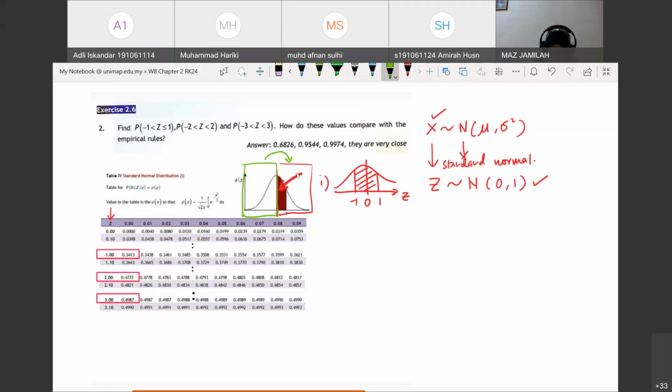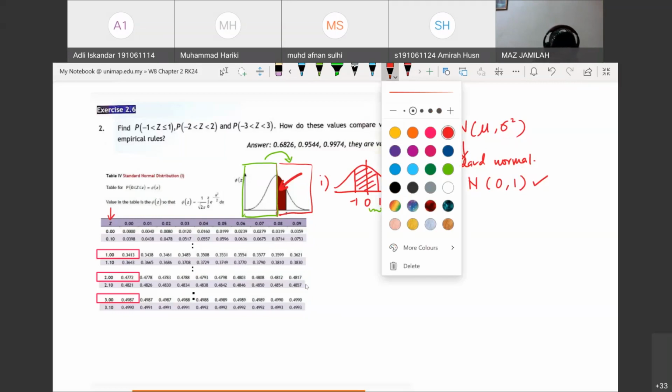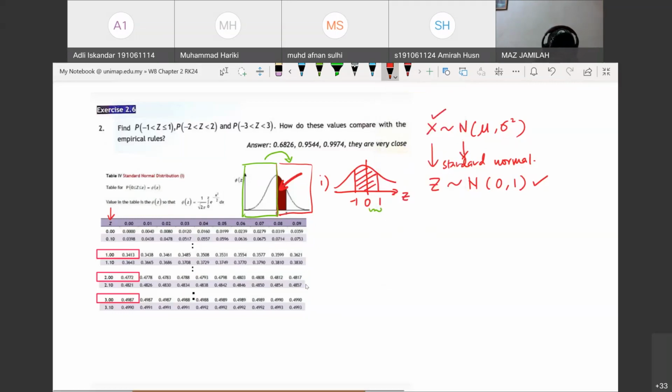So if we are talking about the area between 0 and 1, for z equal to 1.00, we are looking for this particular value. This is 0.3413, and this one is also 0.3413.